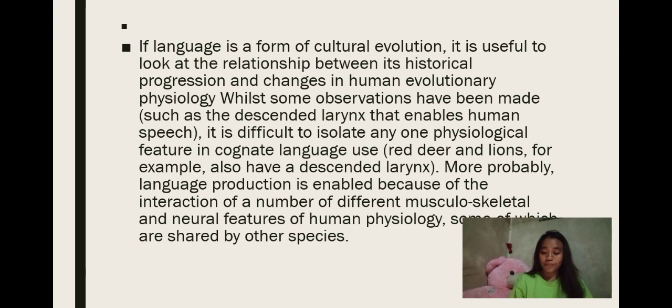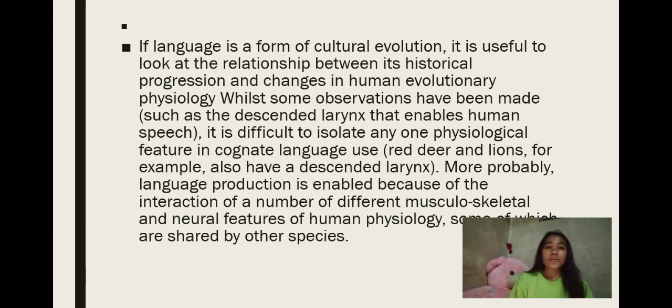Next, more probably, language production is enabled because of the interaction of a number of different musculoskeletal and neural features of human physiology, some of which are shared by other species.